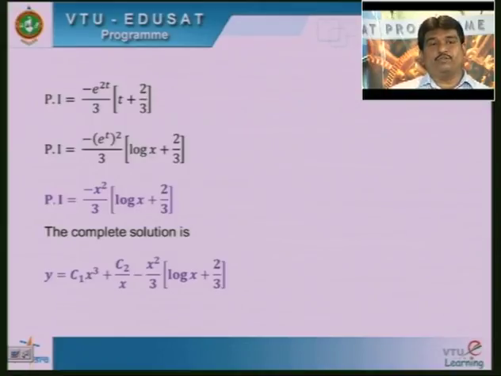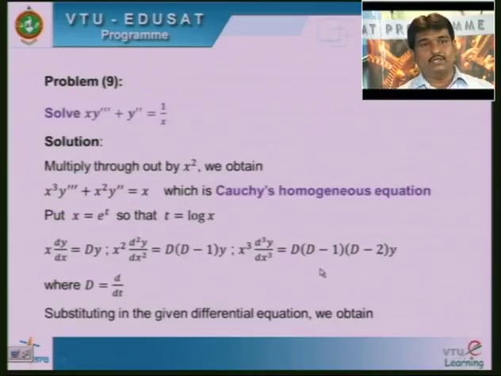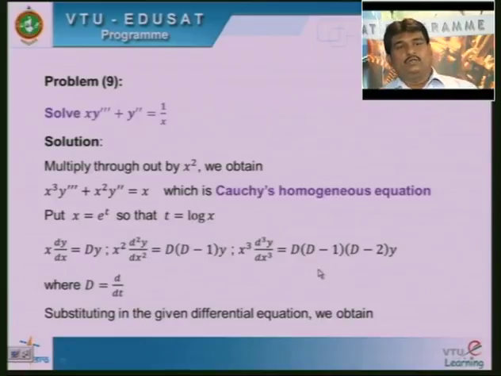You can write e to the power of 2t as e to the power of t the whole square. t is log x plus 2 by 3, e to the power of t is x. So I get PI as minus x square by 3 into log x plus 2 by 3. The complete solution is y equals CF plus PI. Problem number 9. Solve x into y triple dash plus y double dash equals 1 by x.